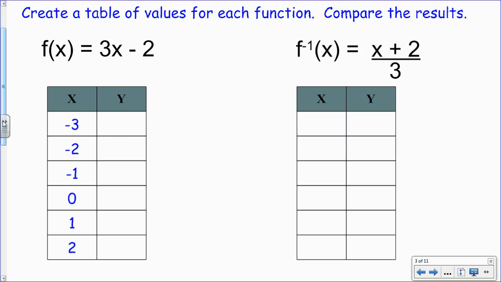So this f with this little -1, when it's between f and x, that's saying inverse. So it's not an exponent, it's f inverse of x.